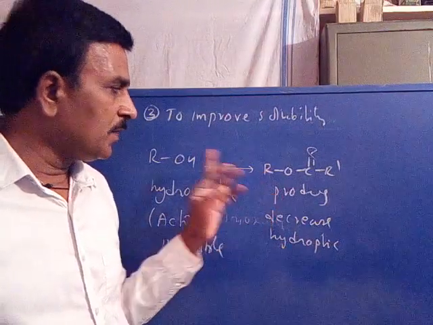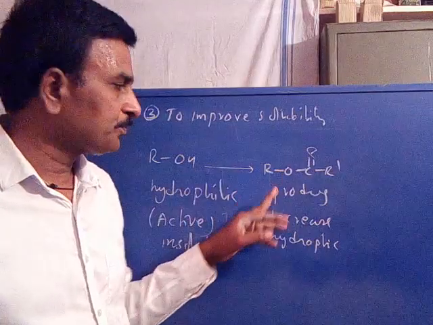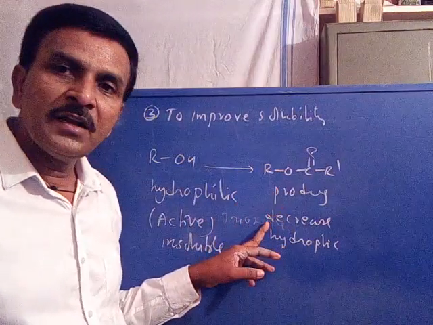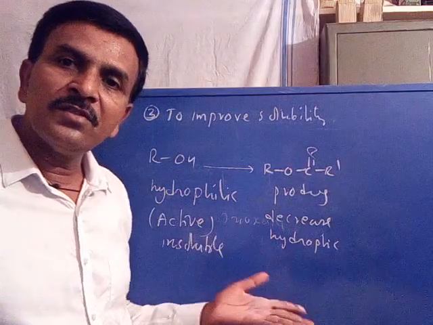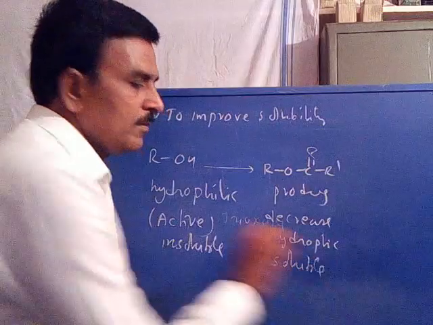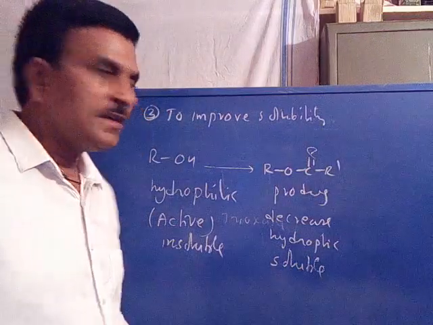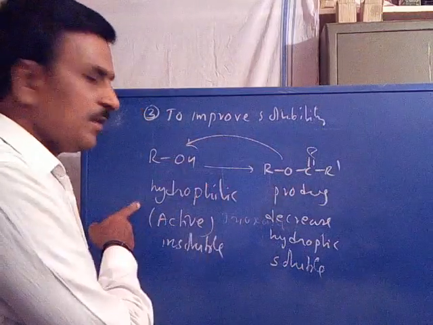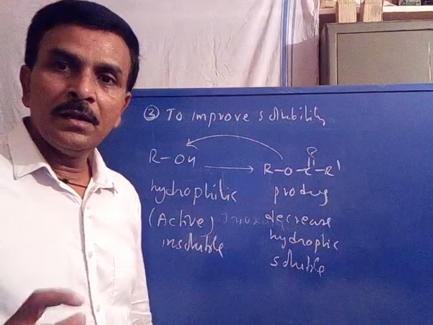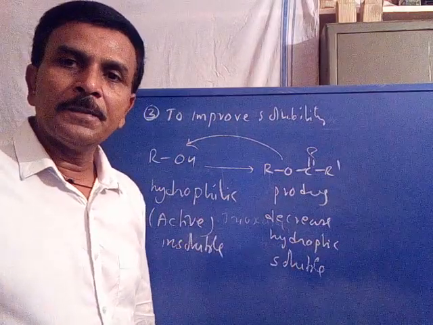When we transform the OH group into ester, it becomes a prodrug where its hydrophilic nature is less, hence soluble in lipid. After reaching the target, it is again back converted into the active form. So this is the prodrug utility to improve solubility.